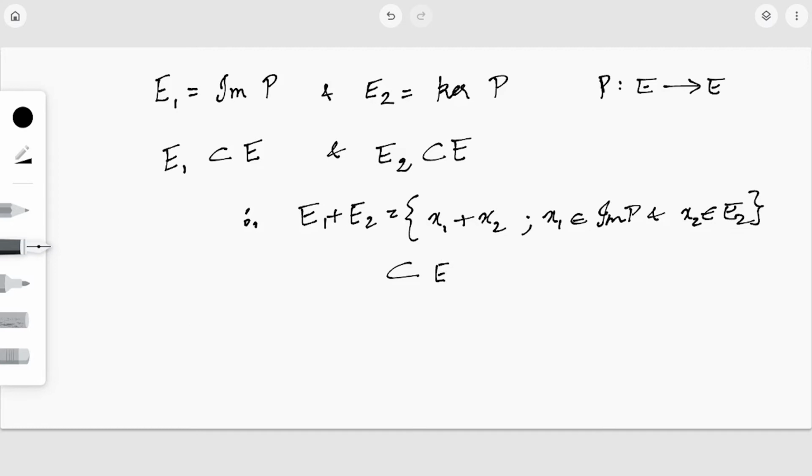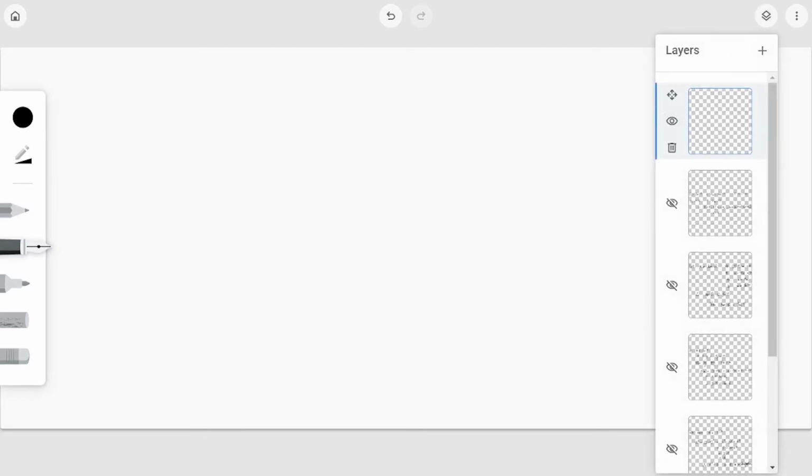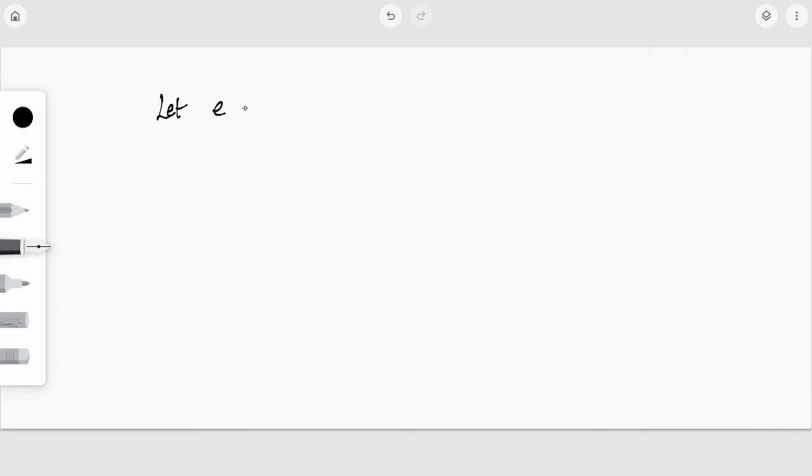Now let's see the other part. For that, let me choose an element E belonging to the linear space E. Now E can be written as E minus P of E plus P of E, right?